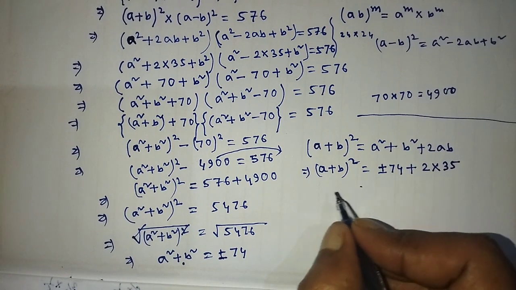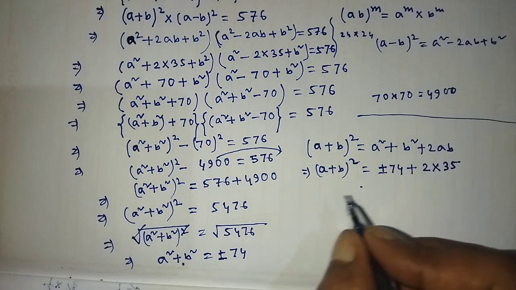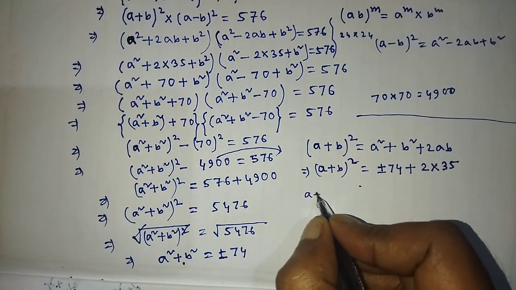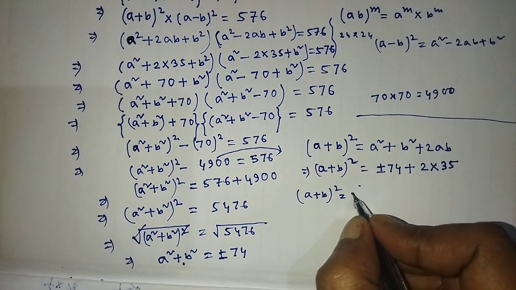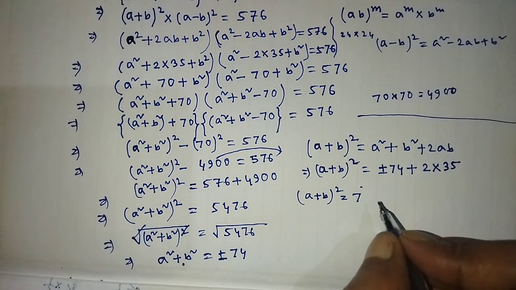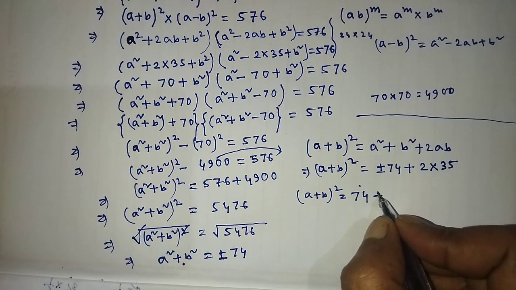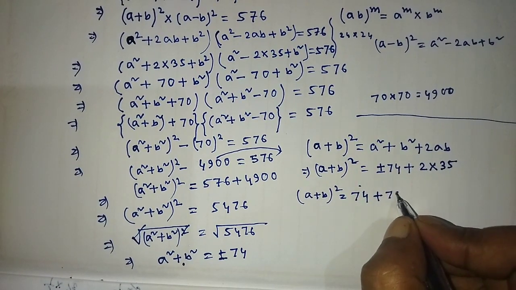Here is the plus minus sign. First we take the positive value, that means 74 plus, and if you multiply 35 with 2, you get 70.